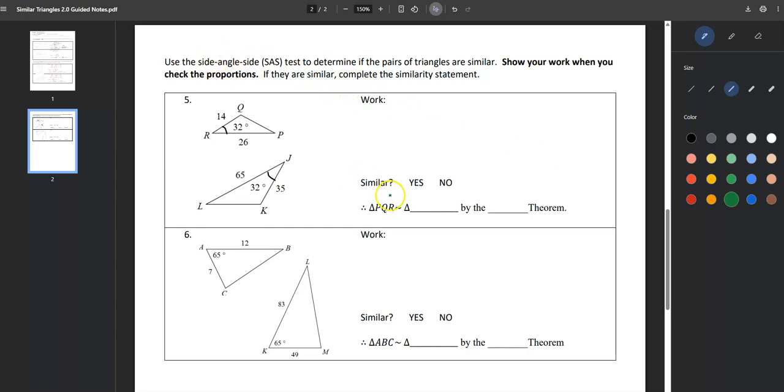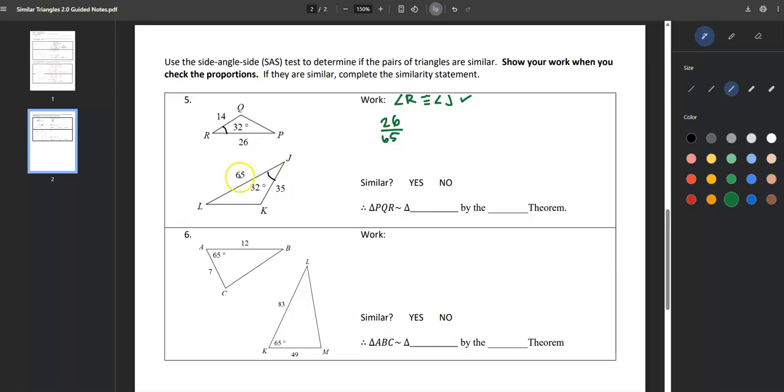Okay? So if I look at this, I'm going to check my angle out first. R is congruent to J. So angle R is congruent to angle J because it tells me that. So that's good. That takes care of the angle. Now I need the sides. So the sides, I'm going to go big divided by big. So this would be 26 divided by 65.